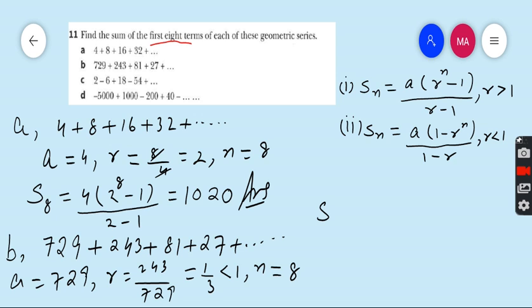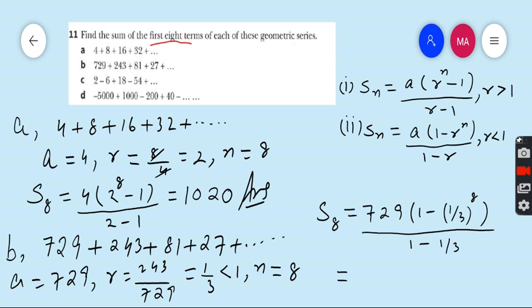Hence the sum S8 is equal to A, which is 729, multiplied by 1 minus R, where R is 1 upon 3, to the power n, which is 8, upon 1 minus R, which is 1 minus 1 upon 3. So use a scientific calculator to find the final answer. There is a fraction button in your calculator, so use that button to find the full and final answer.